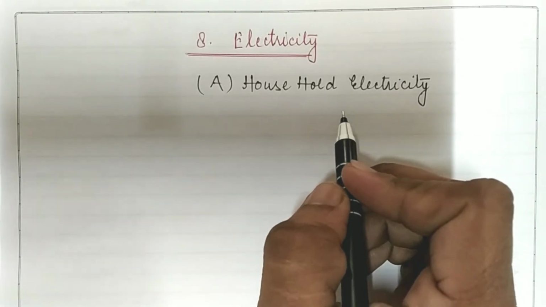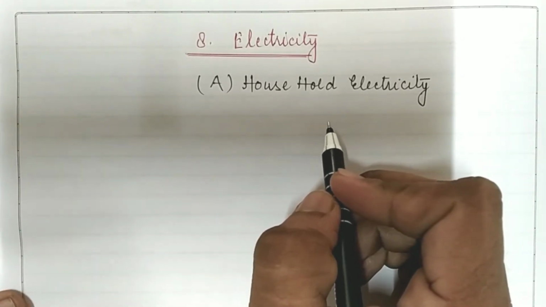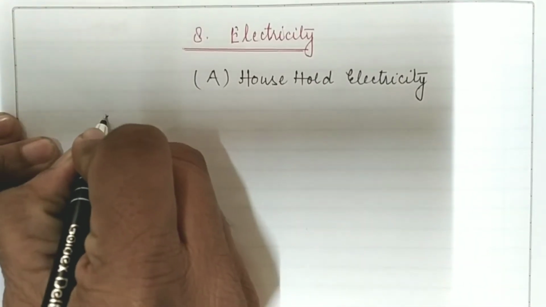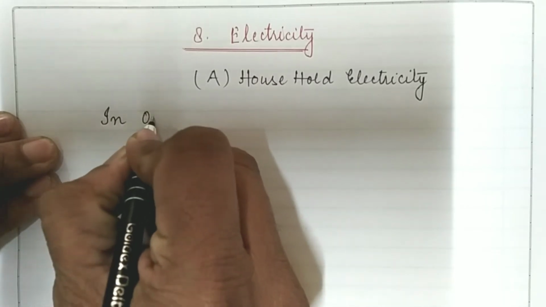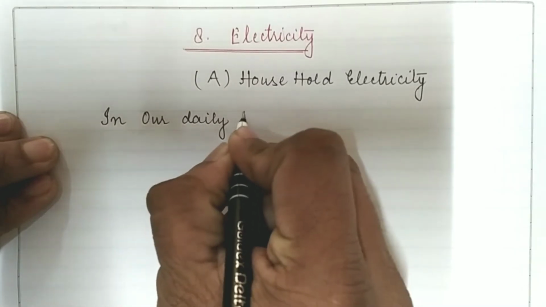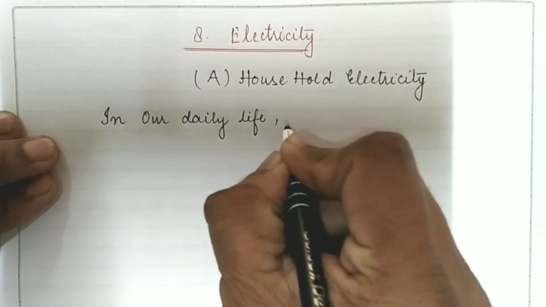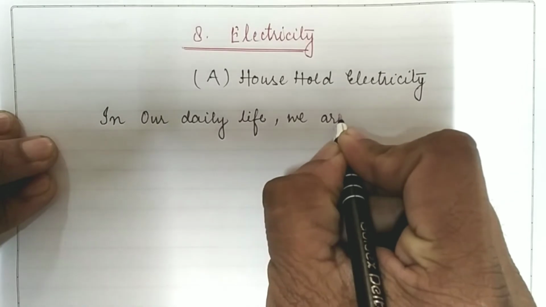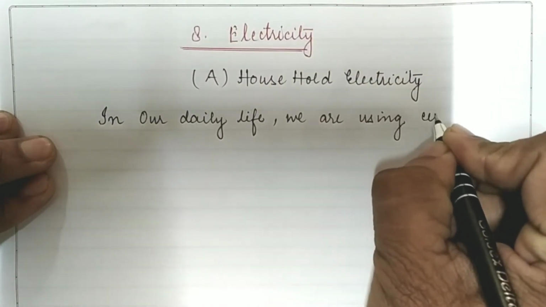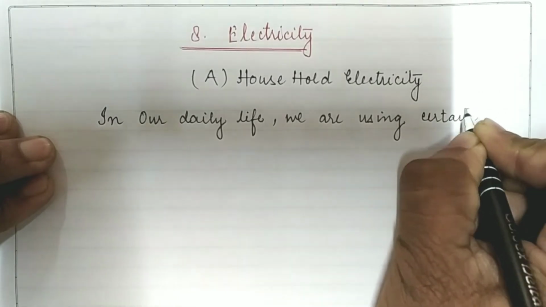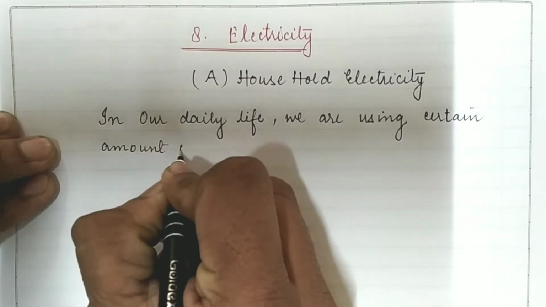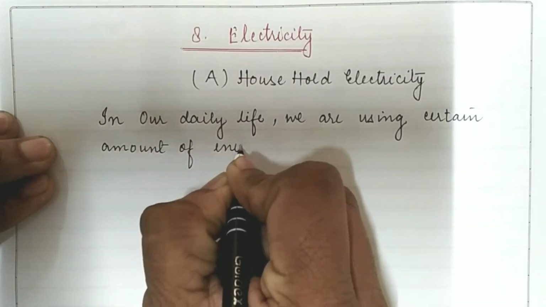So children, in this chapter we will discuss what the sources of energy are. As we know, in our daily life we are using a certain amount of energy.